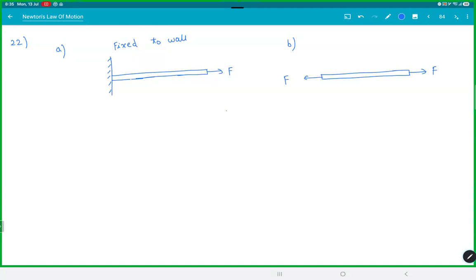Find the tension in the rod. Rod, string, doesn't matter. Simple thing, but the idea is important. What do you guys think? Let's start from there.